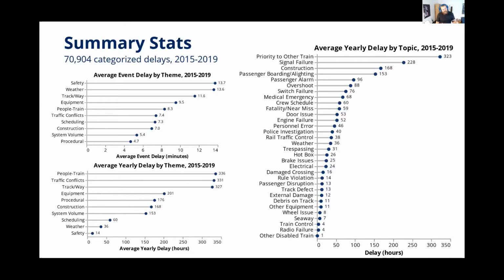When you combine all those things together, people-train conflicts, which is basically anytime a person or the outside world interacts with the train system in a way it wasn't supposed to, so crashes, trespassing, vandalism, passenger alarms, false alarms, things like that, all of that is people-train conflicts. Traffic conflicts, which we discussed in track and way, are the big culprits.